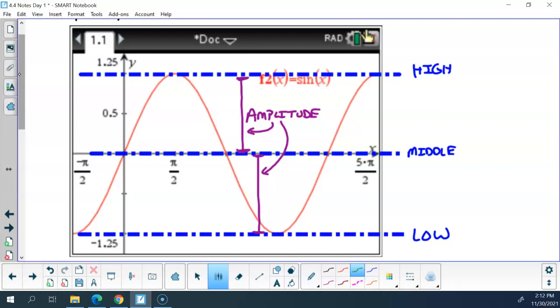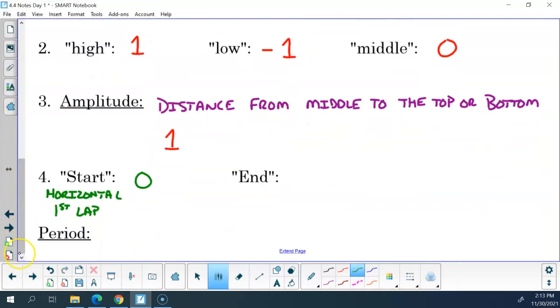Now I'm back at the starting height, but I'm not in the same position because I'm walking down the hill. I need to be walking back up the hill at the same position. So here is my start. Here is my end, because I'm walking back up the hill again, which would put my end at 2 pi.